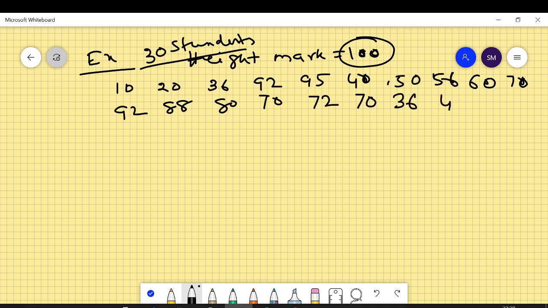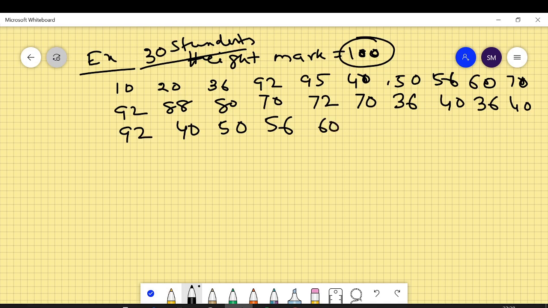Suppose it is written roll number wise: roll number 1 scored 10, and in this way the other roll numbers scored these marks. The data is given as raw data, and if we arrange it in ascending or descending order, we say it is an array.